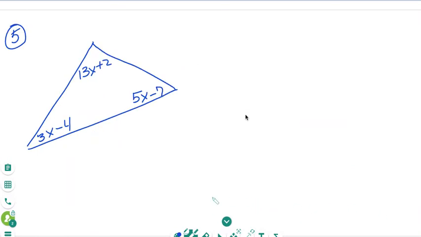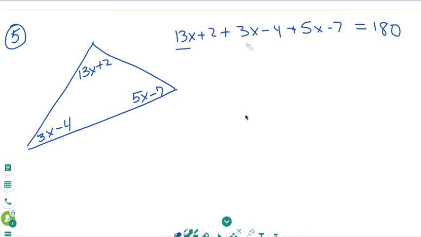Okay, in this triangle, I know that all the angles sum to 180, so I will take 13x plus 2 plus 3x minus 4 plus 5x minus 7, and all of that will equal 180. So I'm going to combine my x's together. That's going to give me 21x.